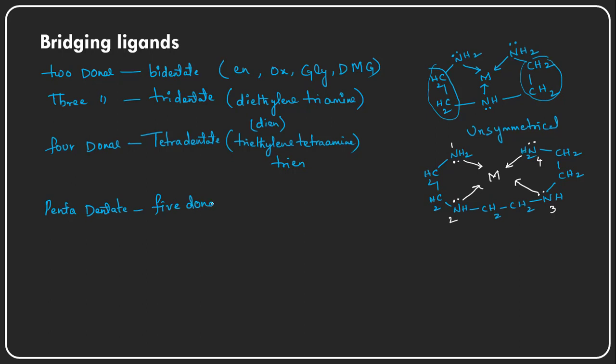Five donor atoms are present. And what is the example for that? Ethylene diamine triacetato ion.